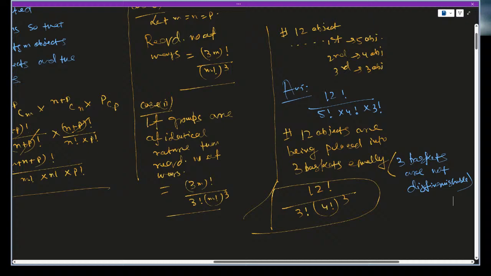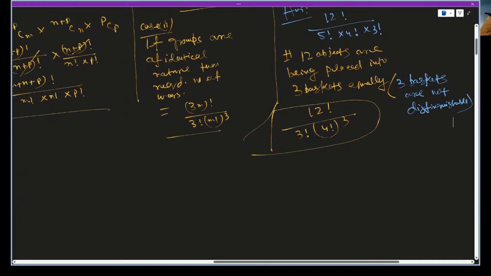I mean, the baskets are not named, they are not labeled. 3 baskets are there, you are keeping 4 objects in each basket. Baskets are not labeled as basket 1, basket 2, basket 3. You cannot distinguish between them. Then the number of ways of distribution will be this.